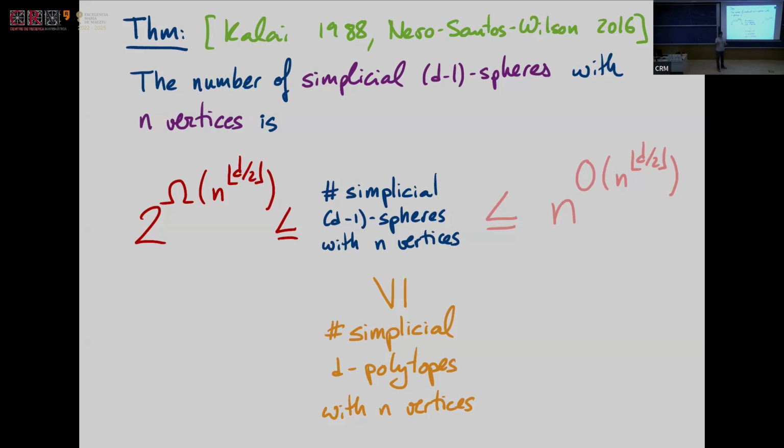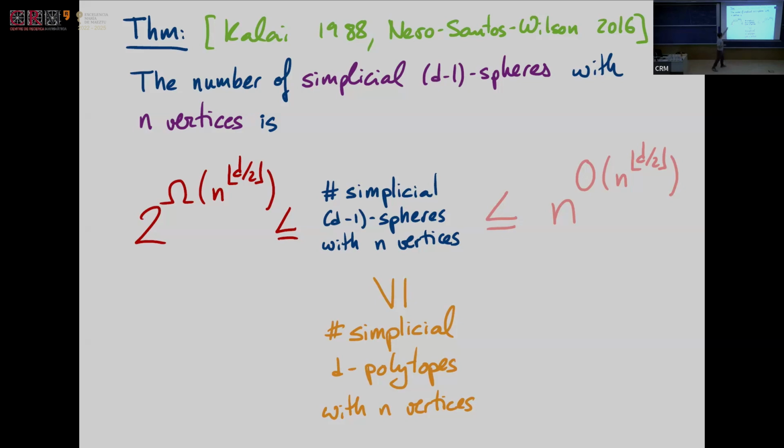Every tiny improvement, you have to produce many more simplicial spheres in the construction, and a small improvement won't appear in these numbers, in orders of magnitude.